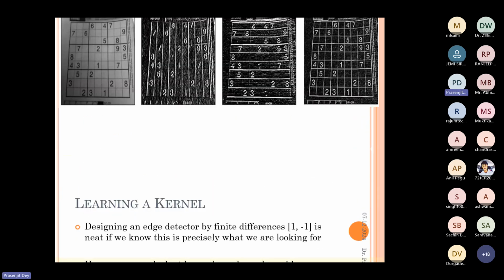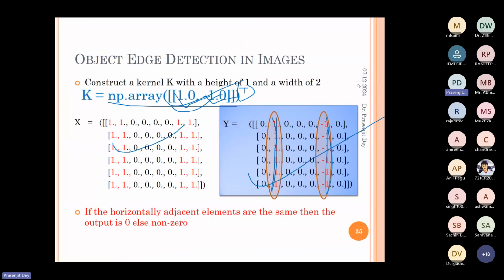Now, in my example, as this was a very simple task, I manually configured my kernel, like a kernel having values 1, -1 or 1, -1 transpose. But in reality, when you are trying to find out the beak of a bird or the feather of a bird, obviously you don't know what specific feature you want to identify.